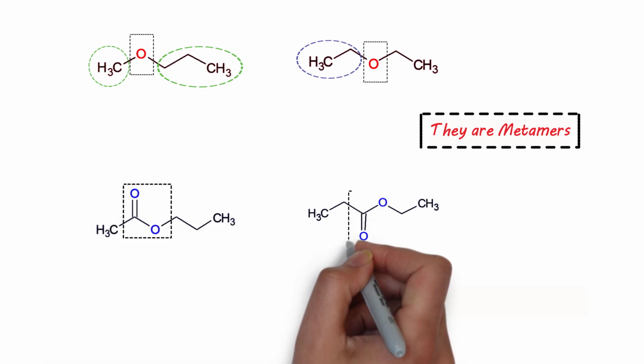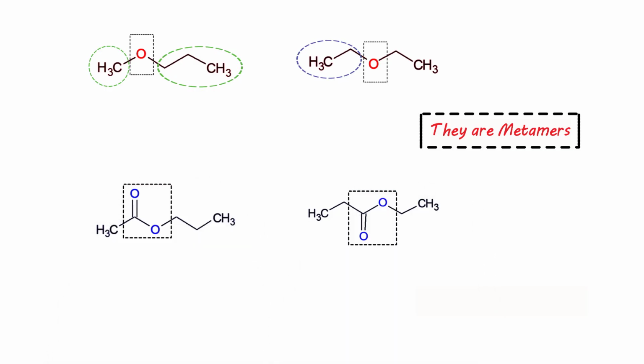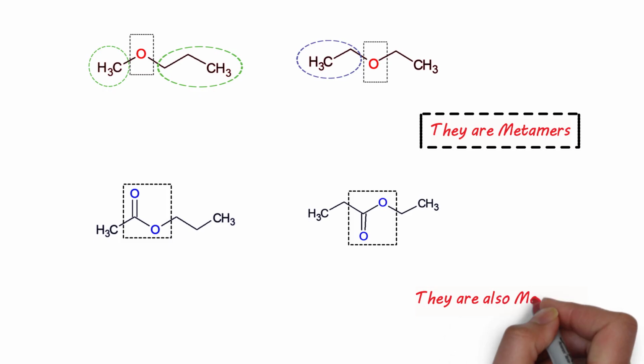On either side of that functionality, one molecule contains a methyl and a propyl group, but in the next we have an ethyl group on both sides. So these two molecules belong to the same class, that is, they possess the same functionality, an ester group, but they differ from each other only in the hydrocarbon chain or alkyl chain present on either side of that functionality, so they are also metamers.